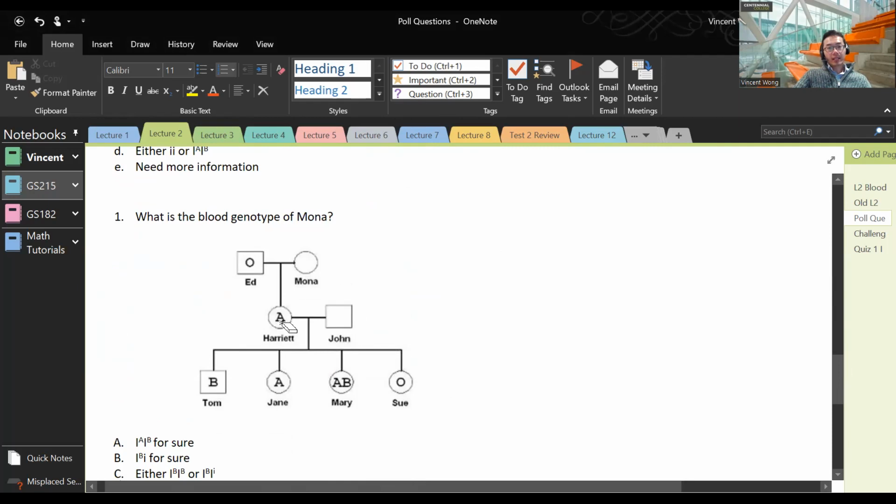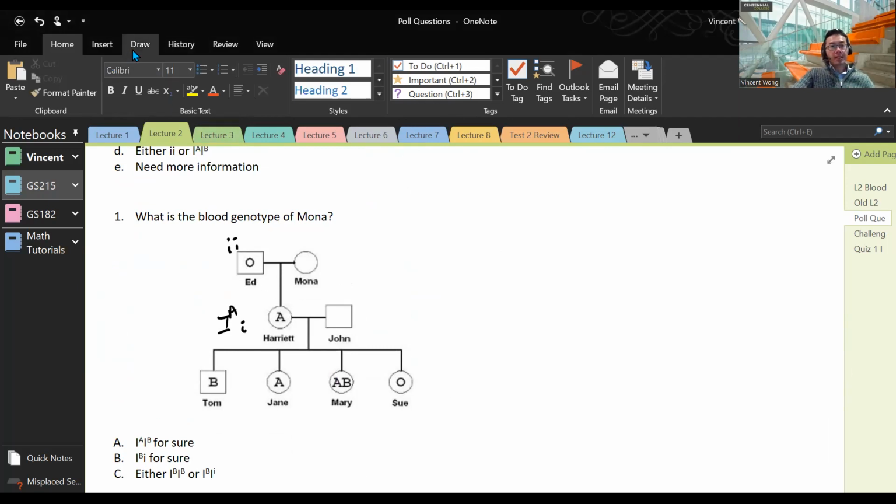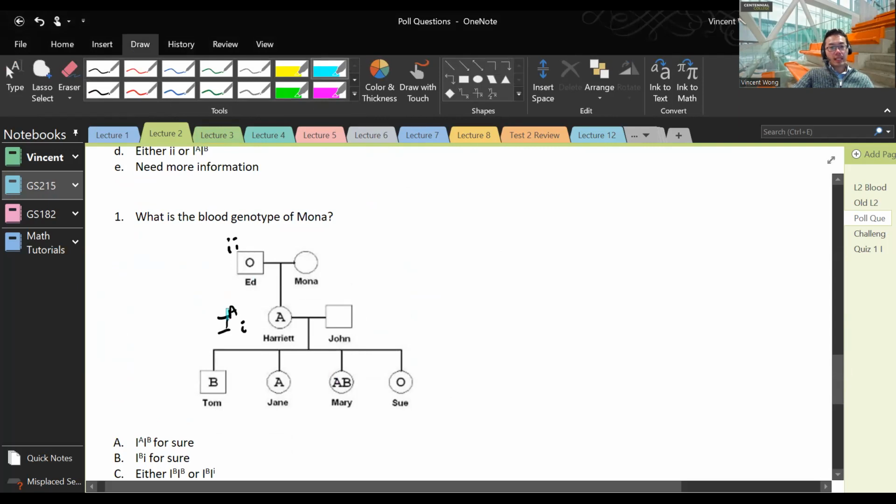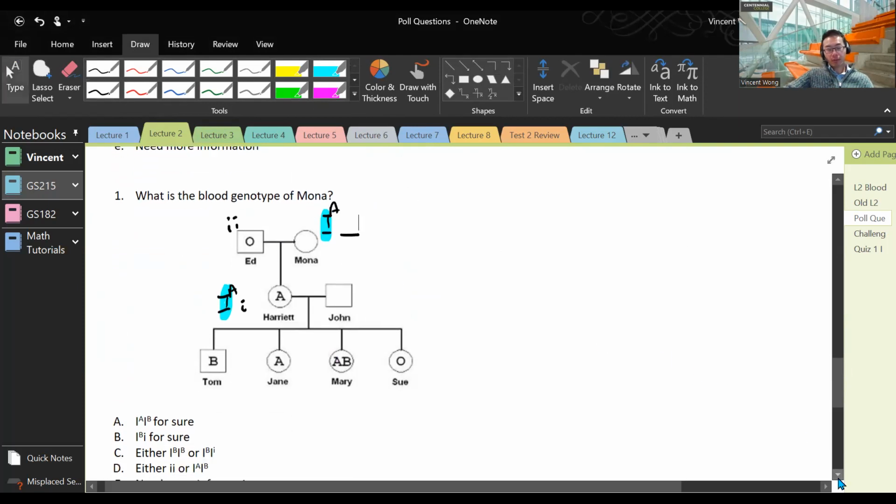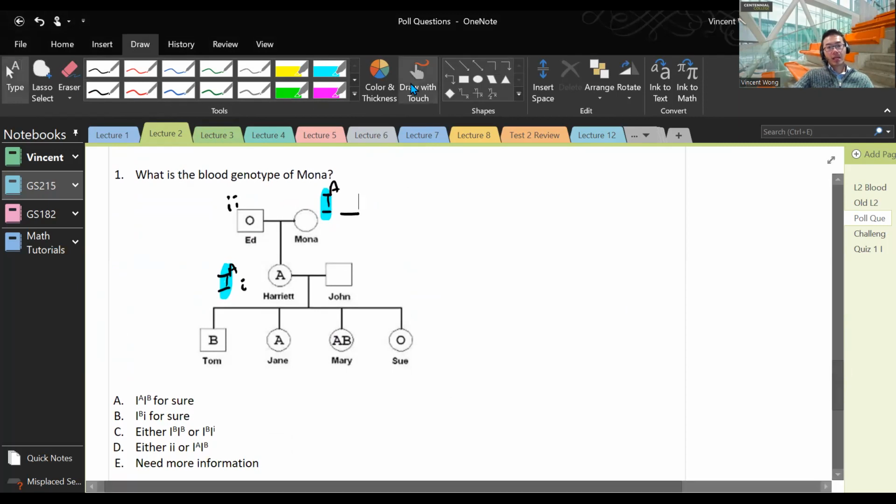All right, so for Harriet, we know she is IA small i, right? Ed is small i, because she's type O, he's type O. So based on this information, all we really know is that the IA must have come from Mona, right? So she is IA something. The question we have to figure out is, is this IA small i, IB, which one is it?